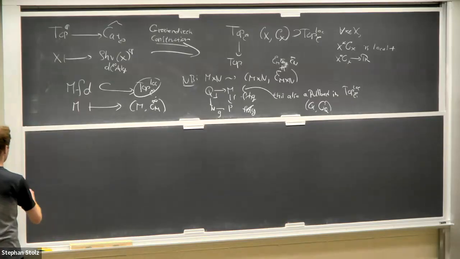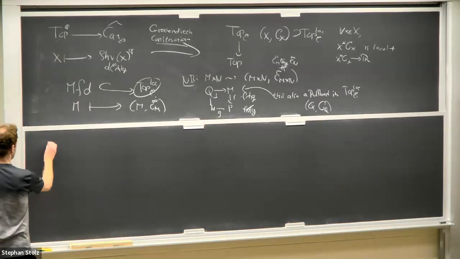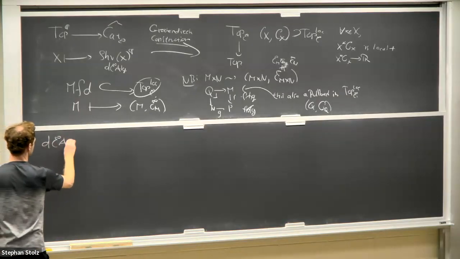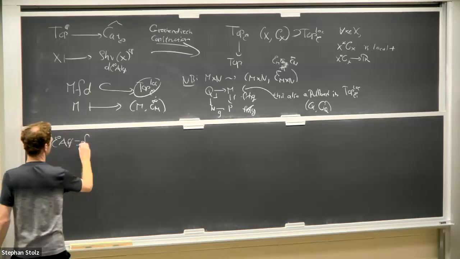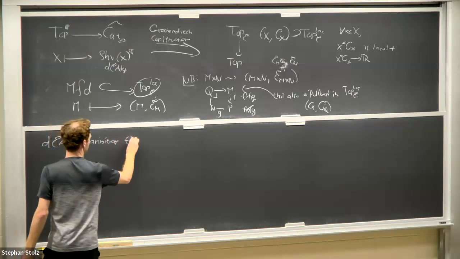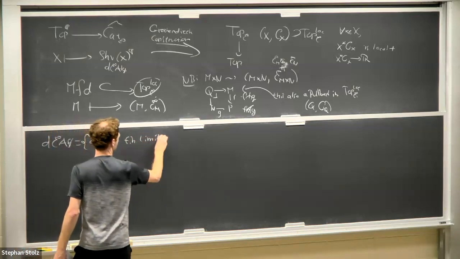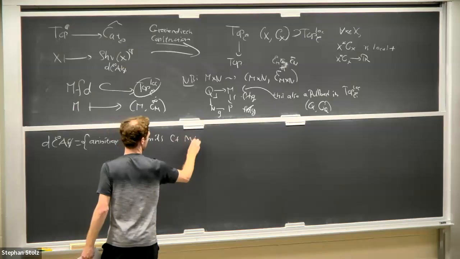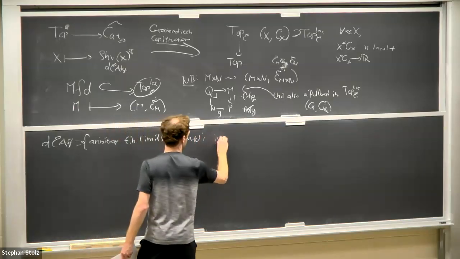Now we can define an infinity category that we call derived C infinity affines. This is going to be arbitrary finite limits of manifolds in here.